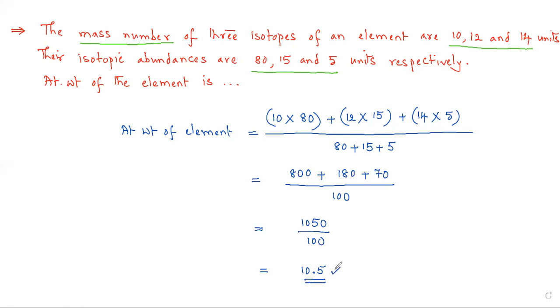So this is how you have to calculate the atomic weight. But in this case, of course, they have given 3 different values with their isotopic abundance. The other day we have taken only 2. And this also is an important one. You actually got this kind of a question in previous IIT. Next.